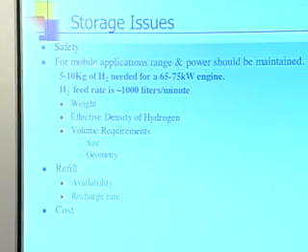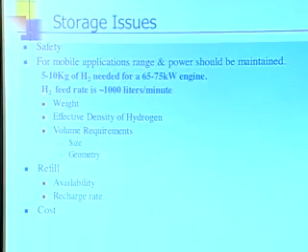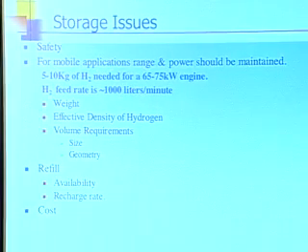The second thing is that we demand a certain range and a certain amount of power for our automobiles. The automobile manufacturers have said if you can't build a hydrogen-powered car that has about the same performance characteristics of a car today, don't bother to do it, and nobody will buy it. I don't know if that's true or not, but that is the assumption.